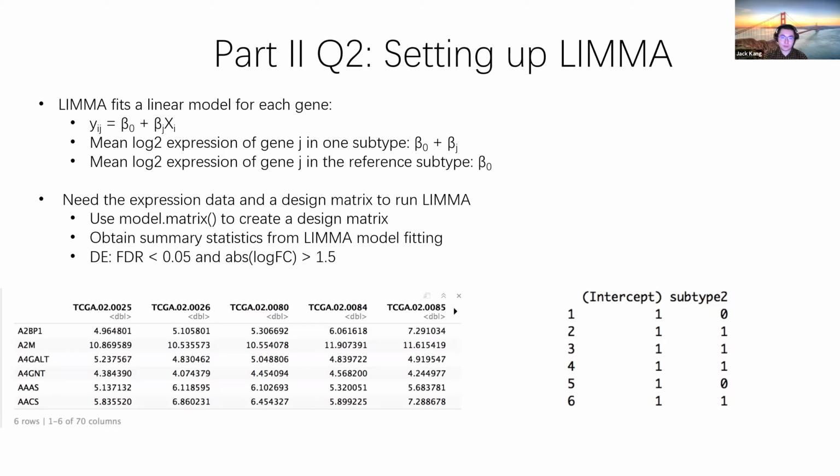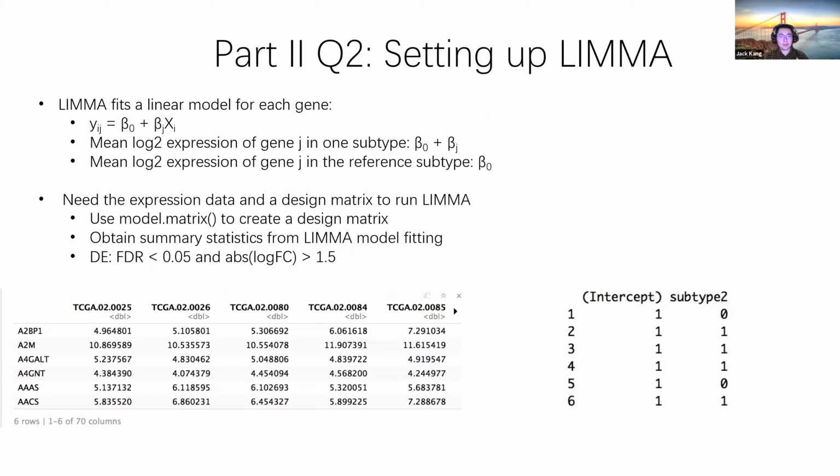Say we use subtype 1 as the reference group, and the mean log2 expression for a gene is beta 0 in the reference subtype. And in subtype 2, which is like the test subtype, you will have its mean log2 expression as beta 0 plus beta J. It's really just linear regression.